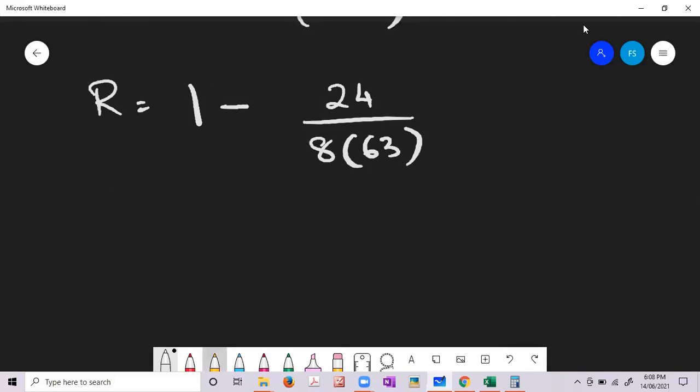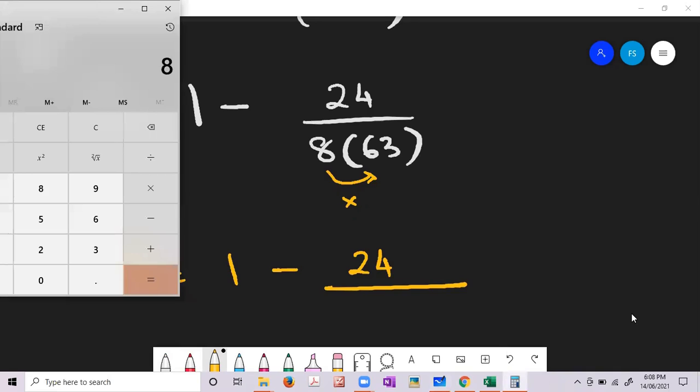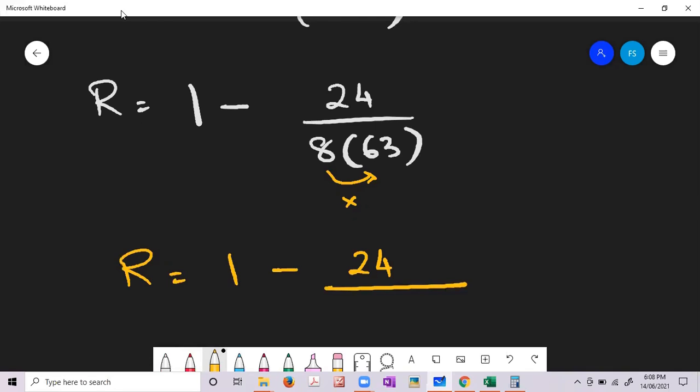Now, since there is no symbol between these two, it means multiply. So we have to write R is equal to 1 minus 24 divided by, so you will now be doing 8 into 63, which is 504. So we get the answer as 504.